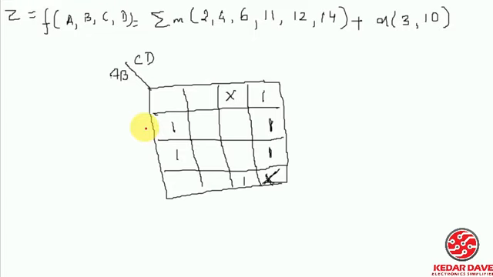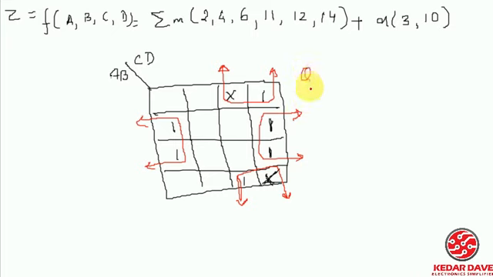So the first quad I can write over here at this quad, and the second quad over here. So this way it can be done. One more quad is there, it is basically making a quad this way, and only two groups are there, so we can easily identify the Boolean equation from this.